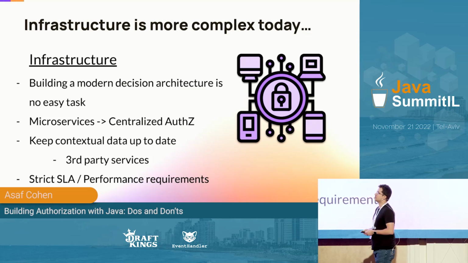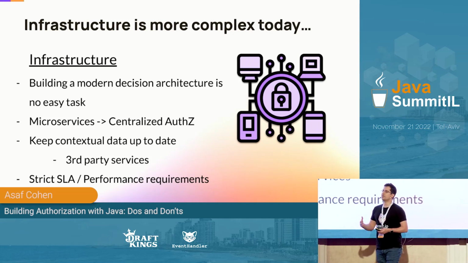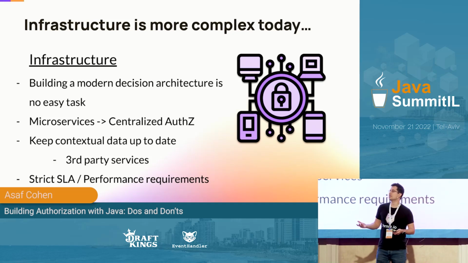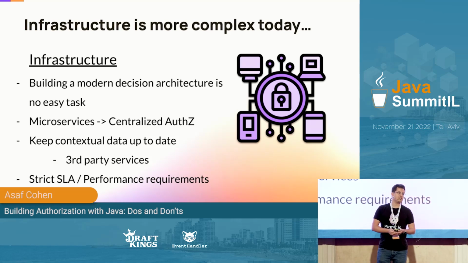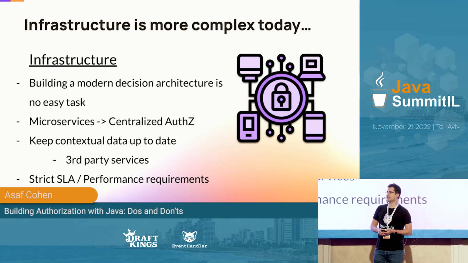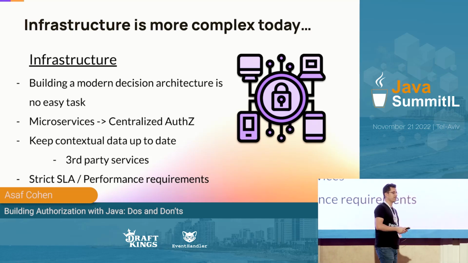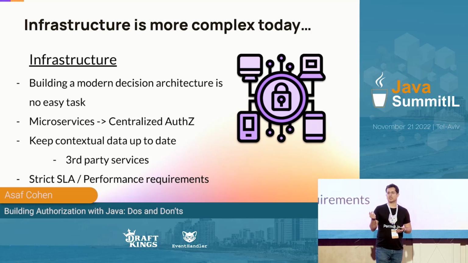What if I want to enforce authorization based on whether the user is paying? That data typically exists on Stripe or Chargify, whatever you use. So you want to stream the data into your decision system, your microservice, and then you want all the data in one place, and based on that enforce access. But that data also needs to be updated in real time because it changes based on user events. So that's a challenge.